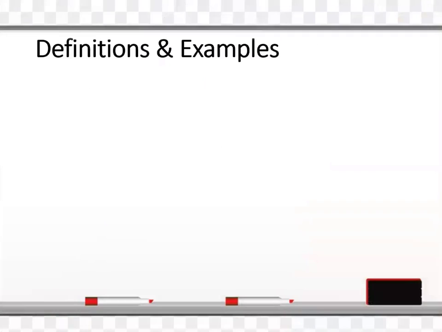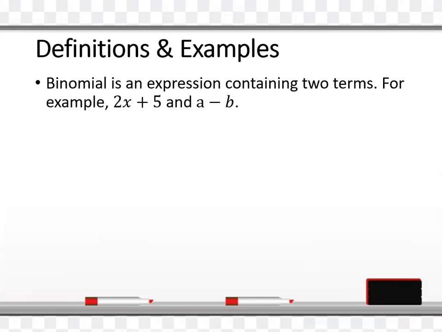Here's a quick reminder of the definitions of some of these terms. What is a binomial? If you're thinking that bi means two, then you're onto something. A binomial is an expression containing two terms.